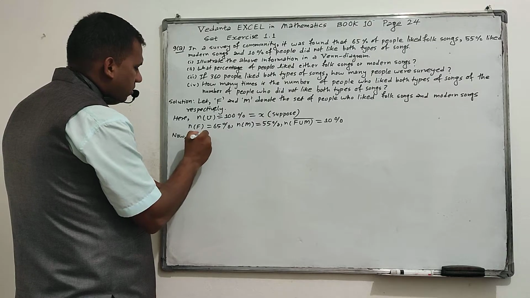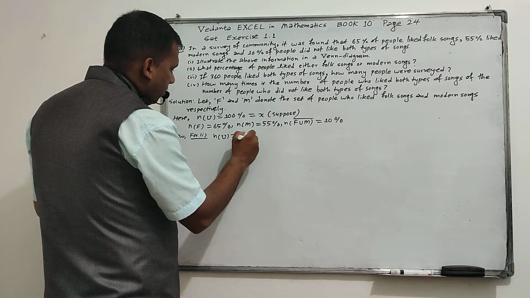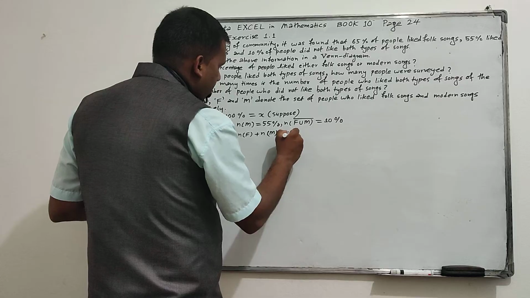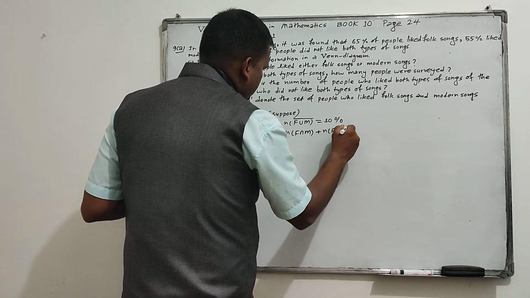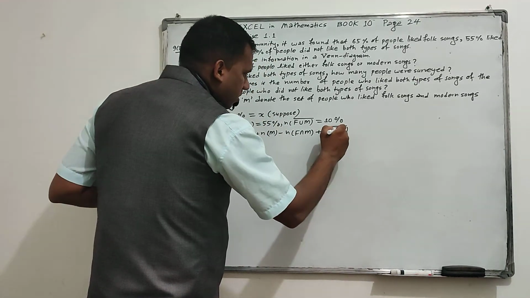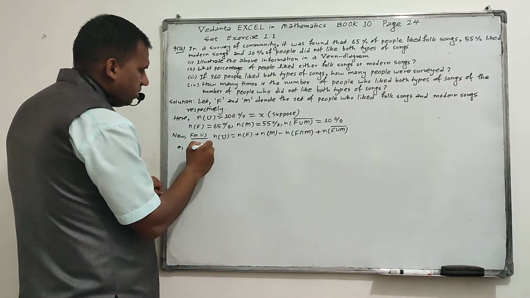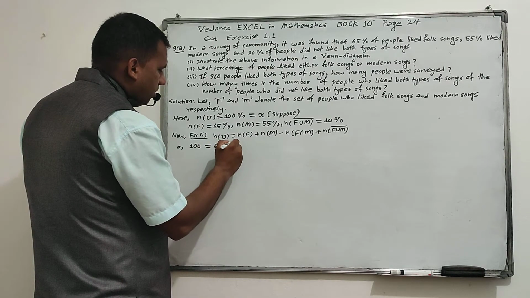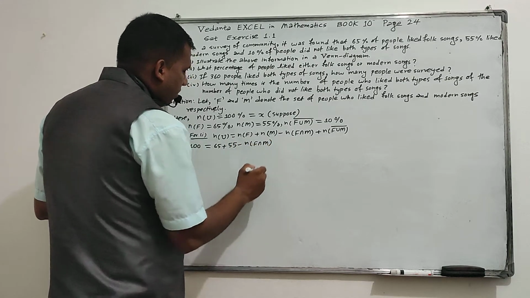Now for 1, number of U equal to number of F plus number of M minus number of F intersection M plus number of (F union M) whole complement. Now putting values, number of U 100 in percent equal to number of F 65, number of M 55, number of F intersection M, this is not given.